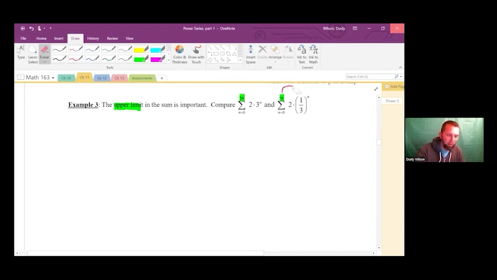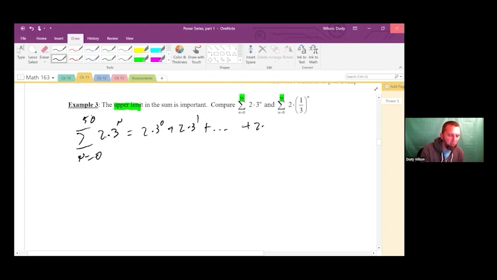And I hope it's clear that when I look at the first one, we're going to go from n equals 0 to 50 of 2 times 3 to the n. Things start small at 2 times 3 to the 0 plus 2 times 3 to the 1 plus, but we're going to go all the way out to 2 times 3 to the 50.